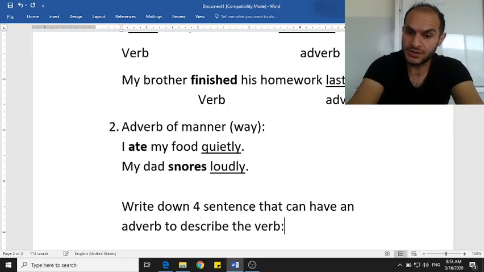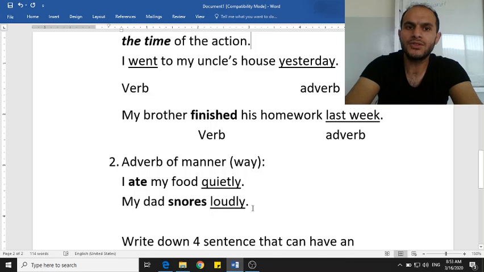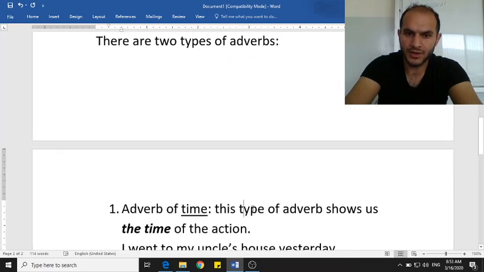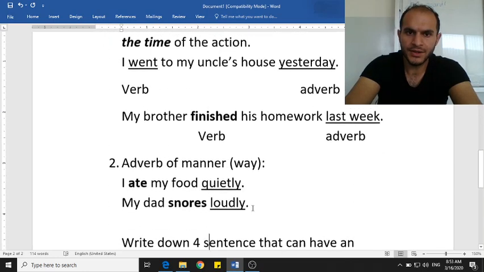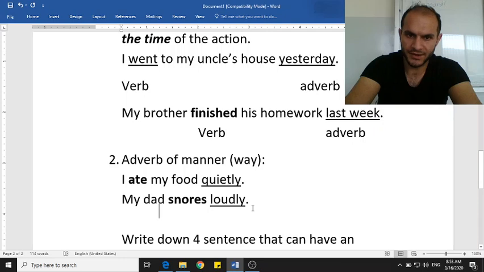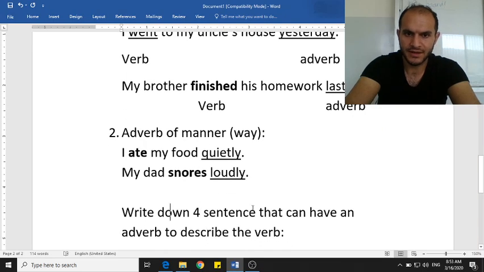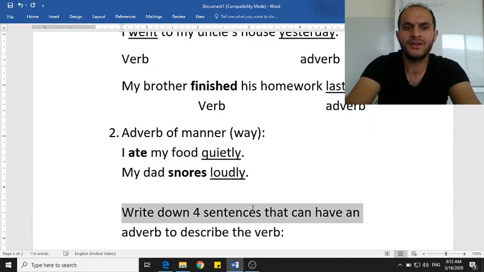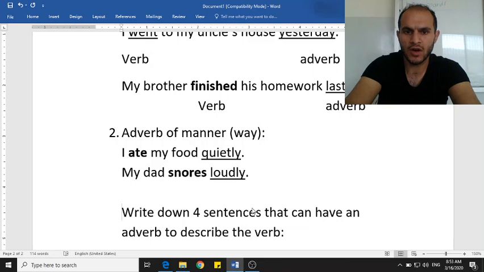Now, for this exercise, you can choose adverbs of time, or you can choose adverbs of manner. This is your task.